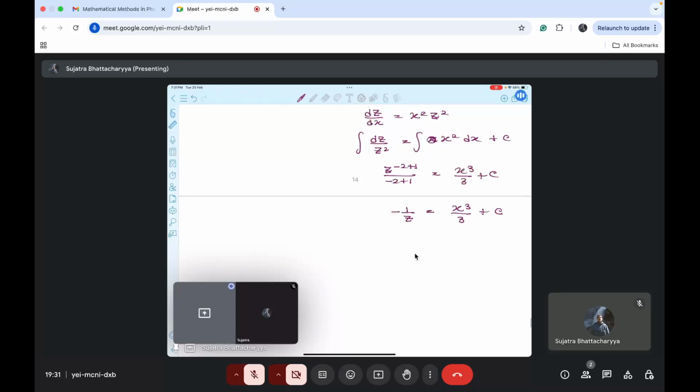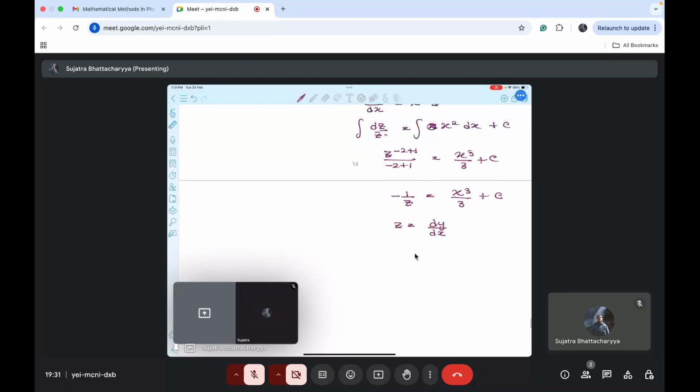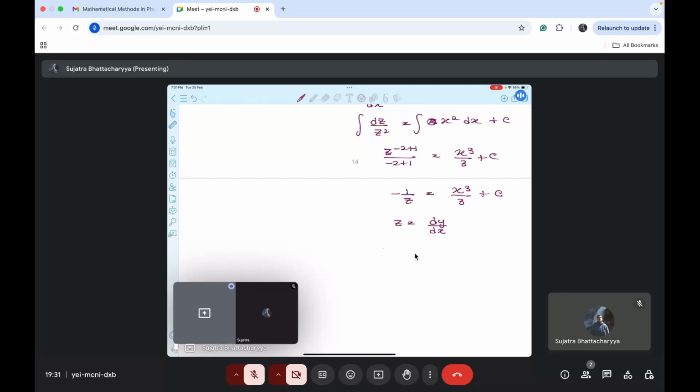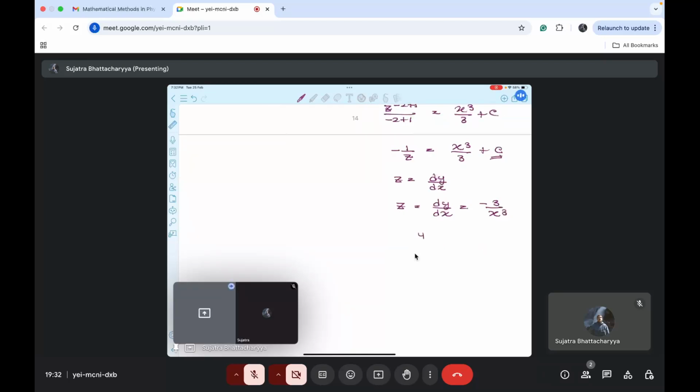So now z becomes dy by dx. For the time being, don't consider the constant. So z is dy by dx, which is nothing but minus 3 by x cubed. And finally, we will get y, again by the variable separable technique.